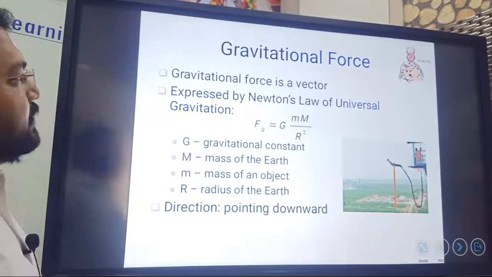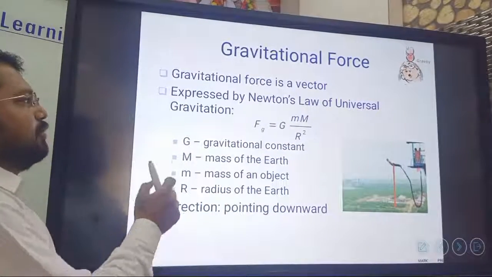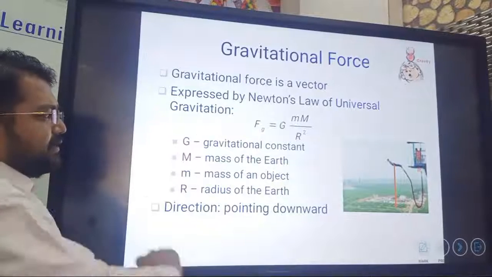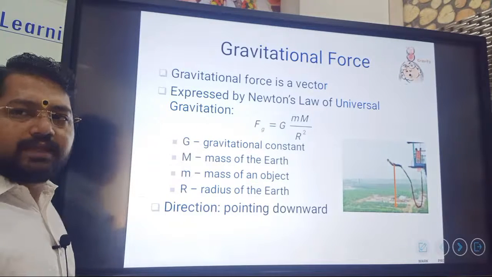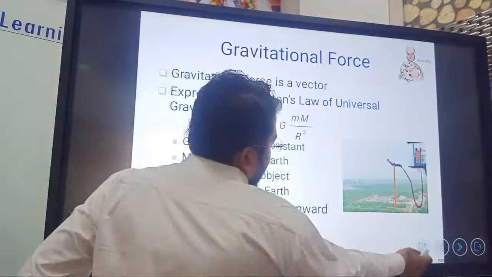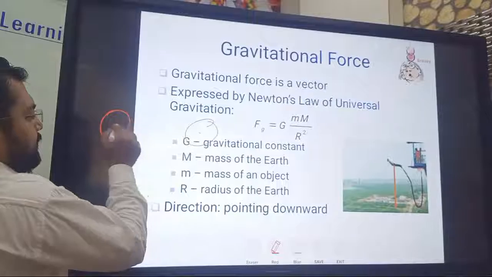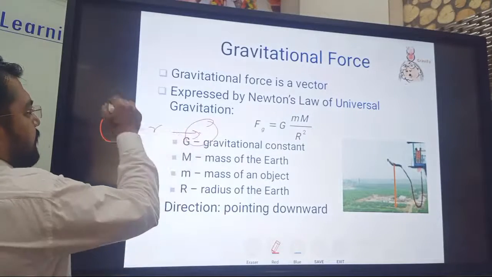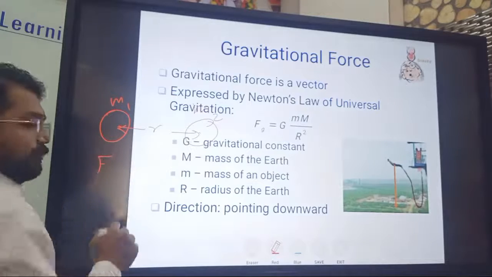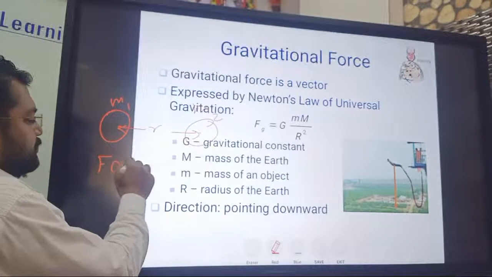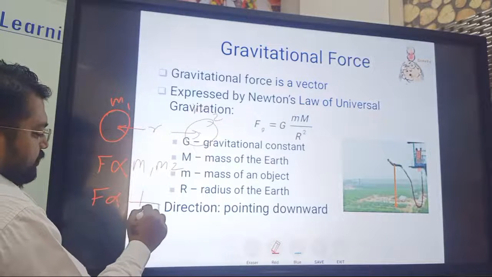Now, gravitational force. Gravitational force is a vector expressed by Newton's law of universal gravitation. So that is F equal to G m1 m2 upon r square. We are already aware of this. If two objects are separated by a distance r, with masses m1, m2, then there must be a force which is directly proportional to m1, m2 and inversely proportional to r square.